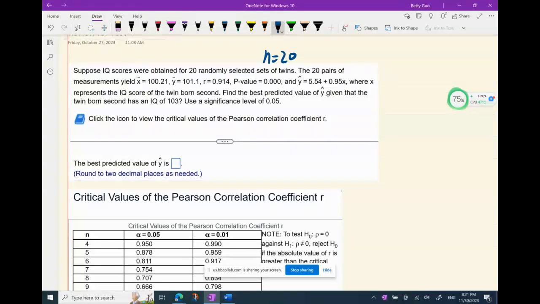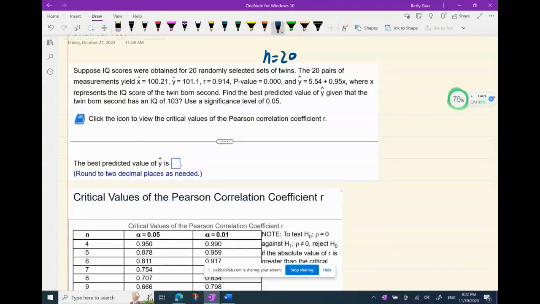Find the best predicted value Y hat, given that the twin born second has an IQ of 103. Okay. Yeah, this question should mention clearly that Y represents the firstborn twin baby. The first one to come out is Y, the second is X. It should be like that.